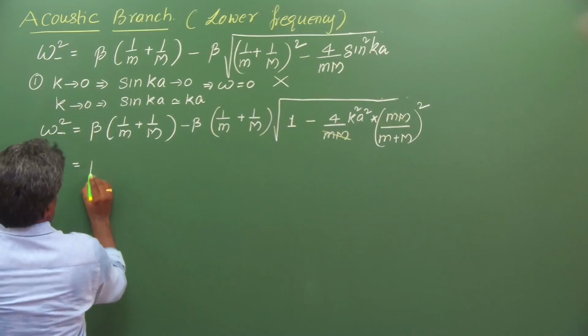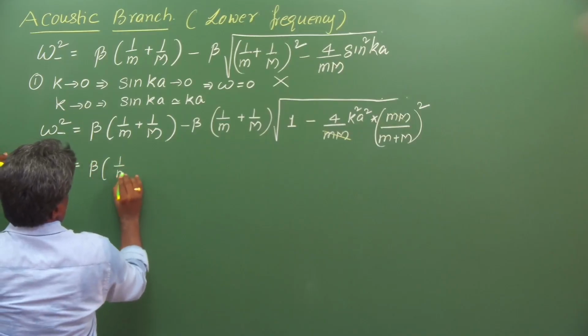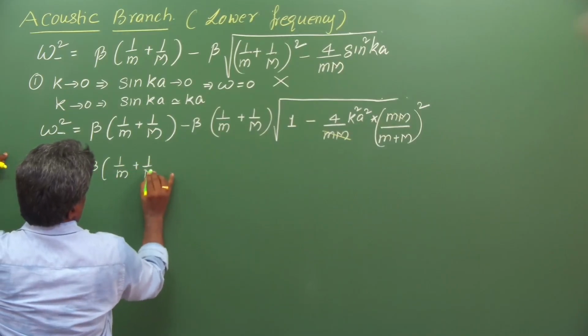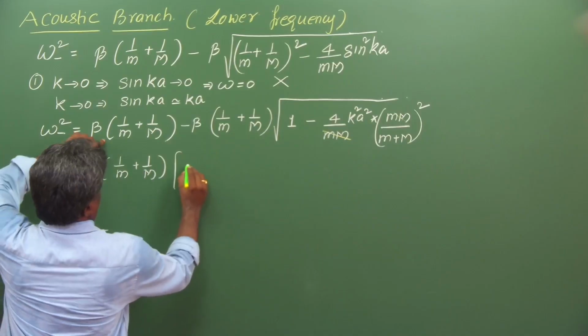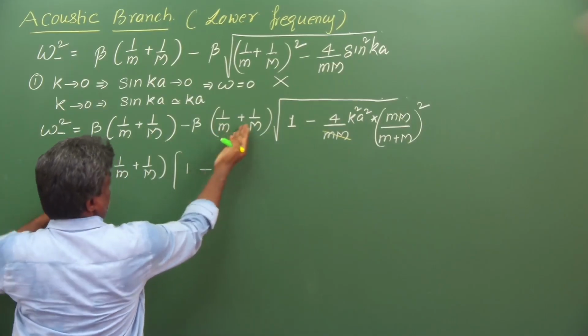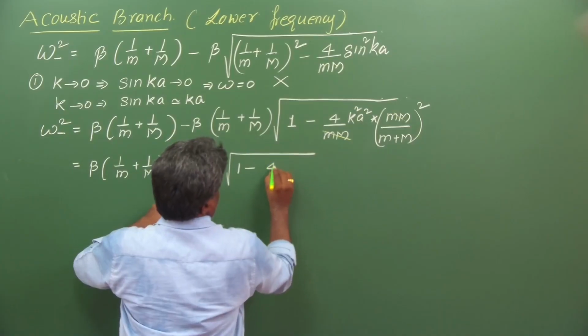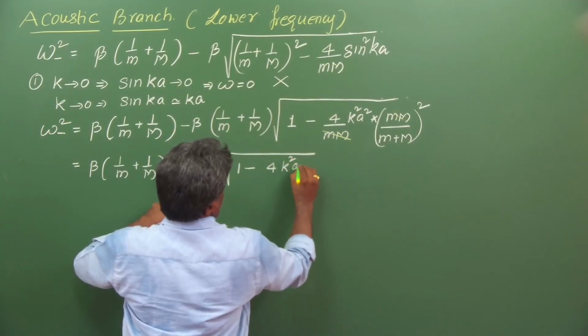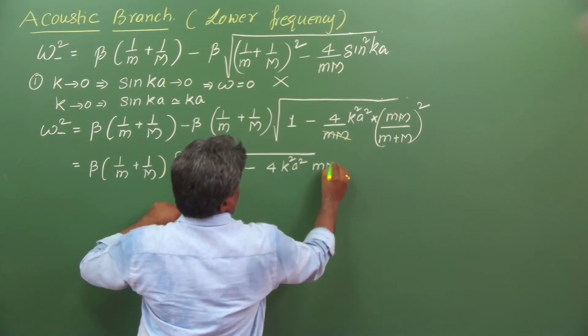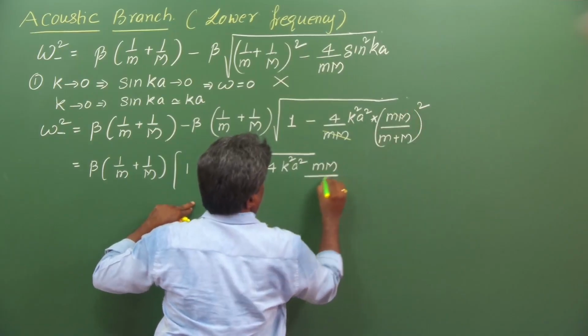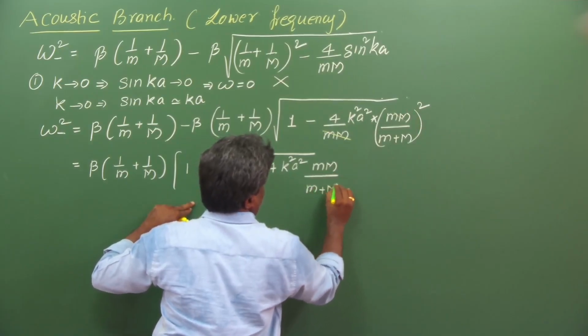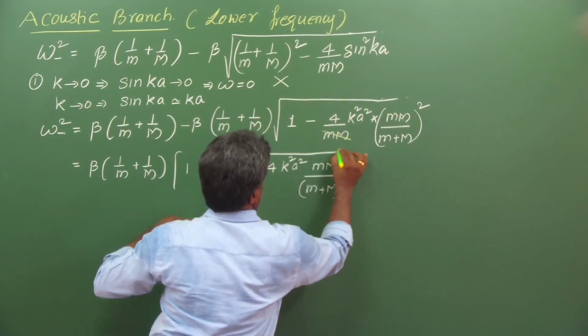And finally you can take out common 1 by small m plus 1 by capital M. Here, 1 minus this term also came here, under root 1 minus 4 k square a square small m capital M by small m plus capital M whole square.